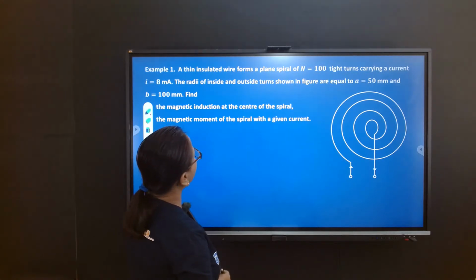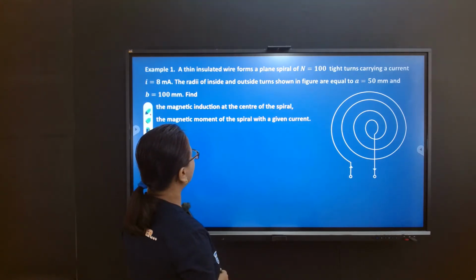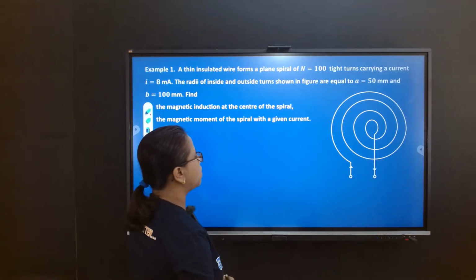The radii of inside and outside turns shown in the figure are equal to A equals 50 millimeter and B equals 100 millimeter. Find the magnetic induction at the center of the spiral and the magnetic moment of the spiral with the given current.